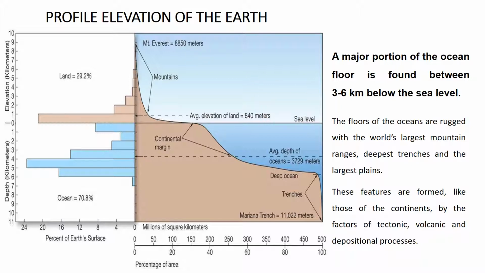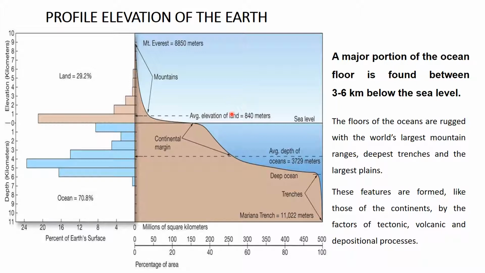It means the measurement starts from here till there. This is the 0 point. The sea level is 0 meters. Clear, right? It shows the height above the sea level, and it shows the elevation of that particular relief feature.